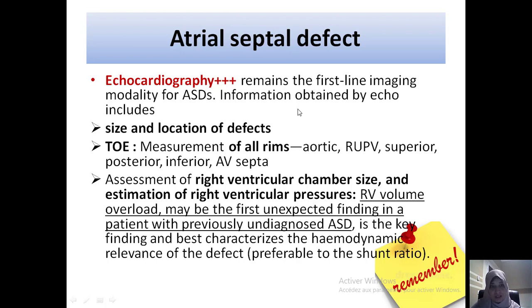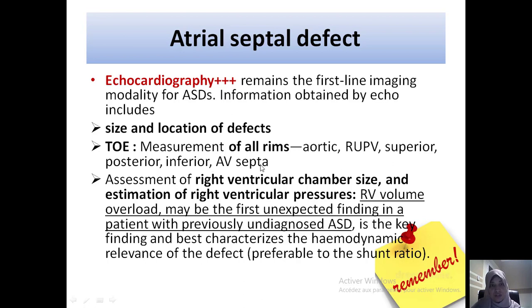Echocardiography should specify the size and the location of the defect according to the anatomy, with measurement of all rims of the defect: the aortic, the vena cava rims, superior, posterior, inferior, and atrioventricular valve rims. And here we emphasize the role of transesophageal echocardiography, which should be done systematically in adults for a complete evaluation of ASD.